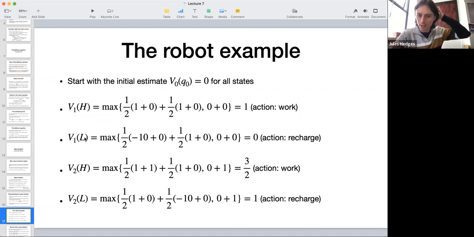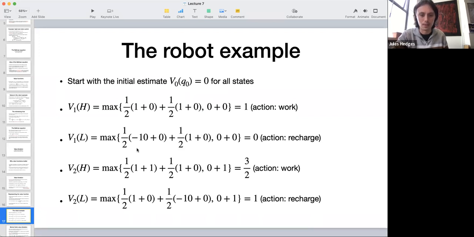Similarly, for the low state, if we take the recharge action, we get 0 plus the value of the high state, which is 0. And if we work, then with probability 1/2 we need to be rescued. We get -10 plus the value of the high state. And with probability 1/2, we stay the same, so we get 1 plus the value of the low state.